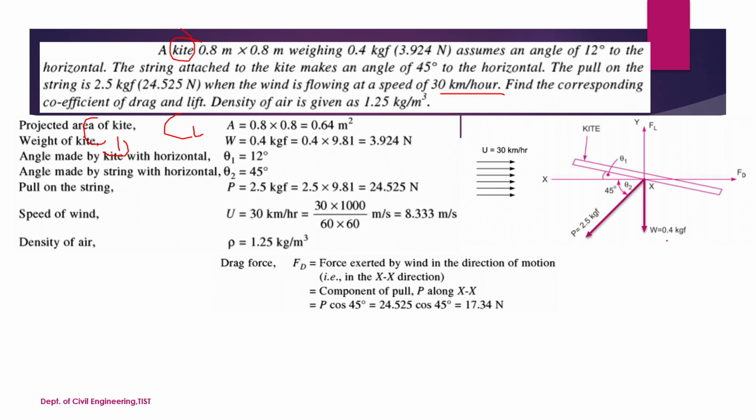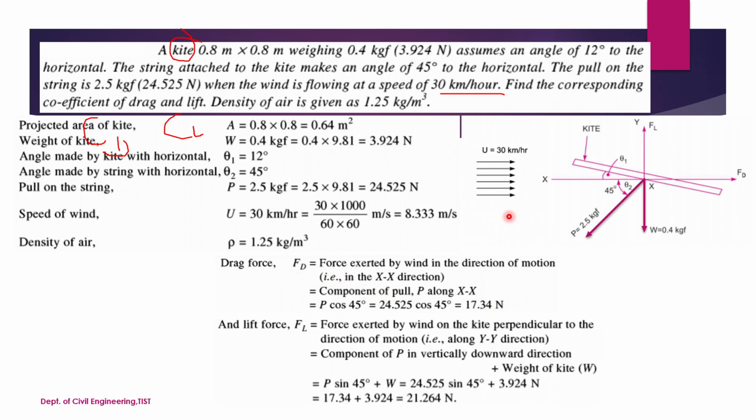W is acting in the vertical direction, so it won't have any component in the horizontal direction. So you can just omit W when you consider FD. What is the component of P in the horizontal direction? This angle is 45, so P cos 45 is the component in the horizontal direction. So FD will be P cos 45, that is 17.34. We got the value of FD.